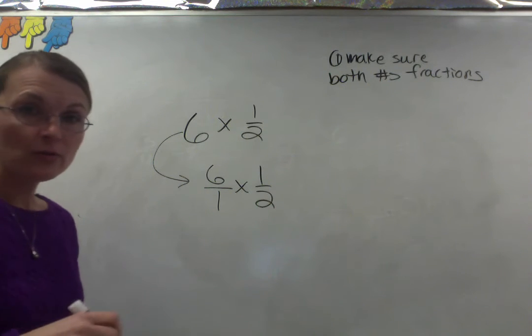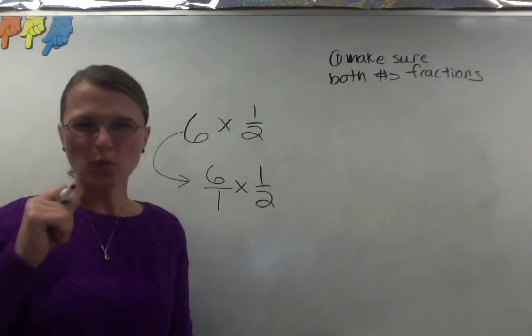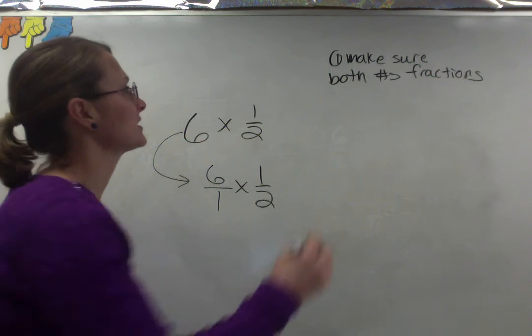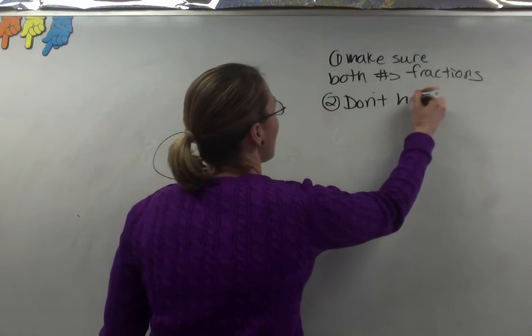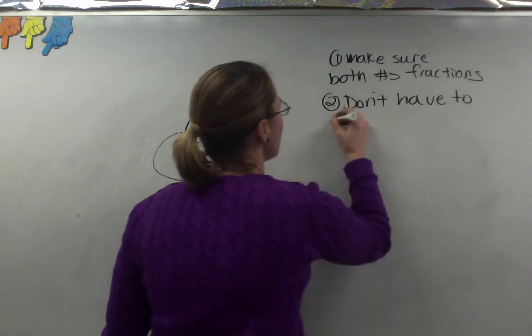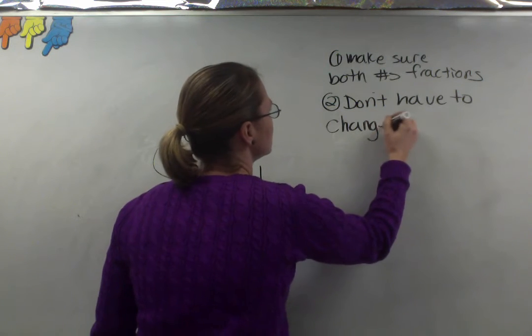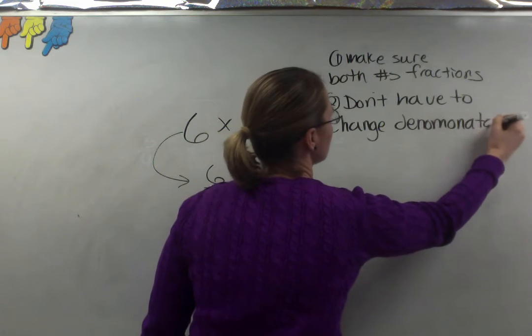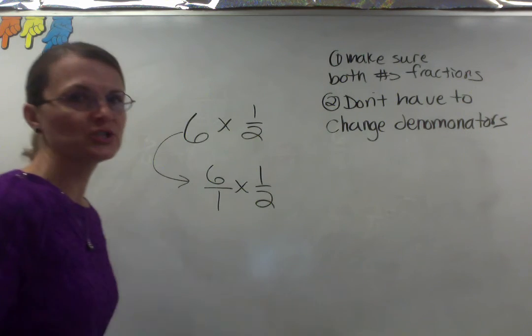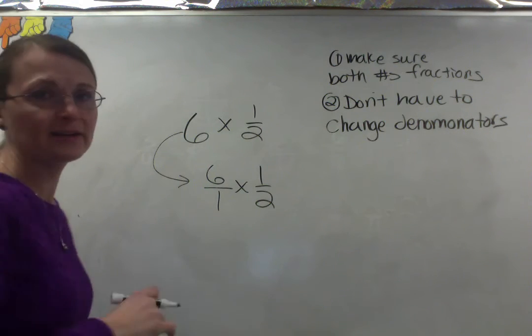The other cool thing about multiplying fractions, which is way easier than adding and subtracting, is you don't have to change denominators. I know that some of you are jumping up and down in joy right now. You don't have to change denominators. Yay! No finding the least common multiple.